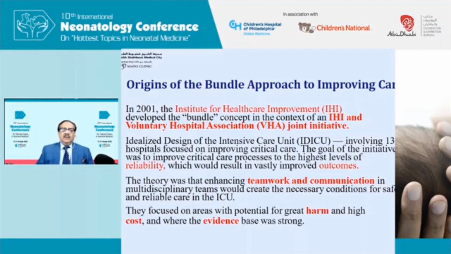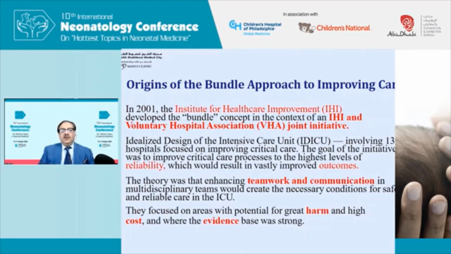Now, some of the history: the bundle was first introduced by the Institute for Healthcare Improvement in the USA in collaboration with the Voluntary Hospital Association, VHA. It was a joint initiative, and they wanted to idealize the design of the ICUs. Critical care needs very focused treatment.